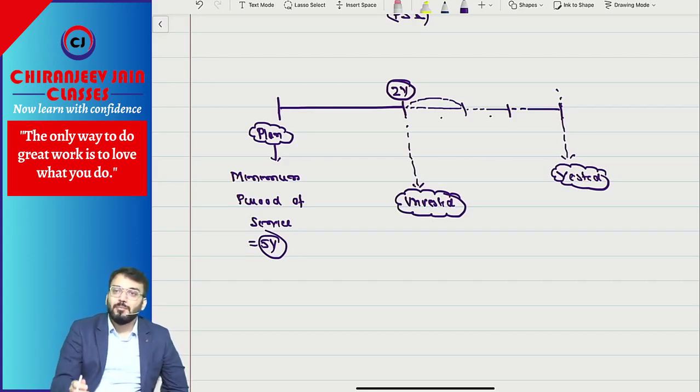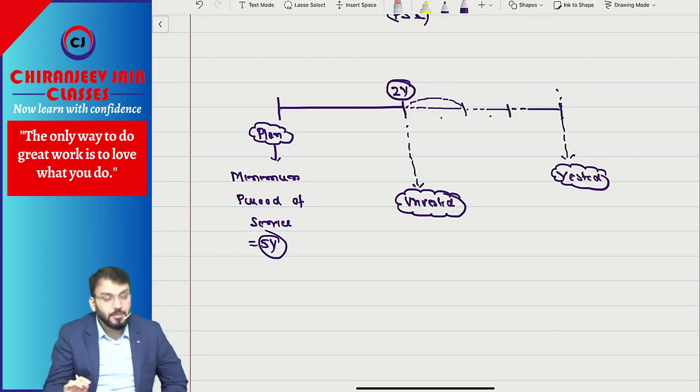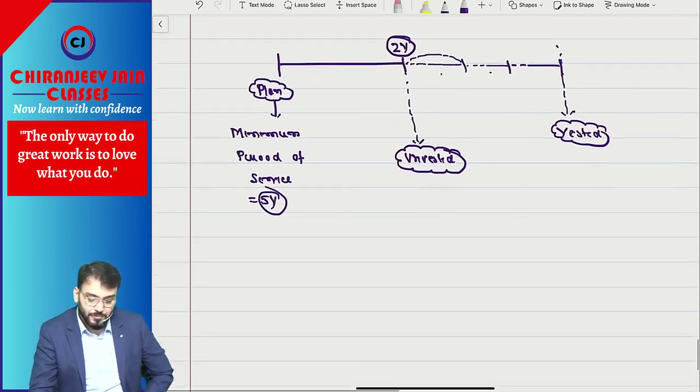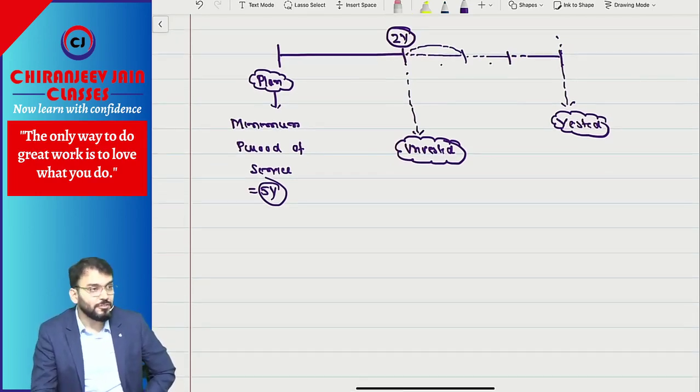When an employee completes 5 years of service, that becomes vested, means they are eligible for gratuity, etc. When they have not completed 5 years of service, even though we are recognizing some expense, they are not eligible for gratuity, etc. Got this point? Understood?